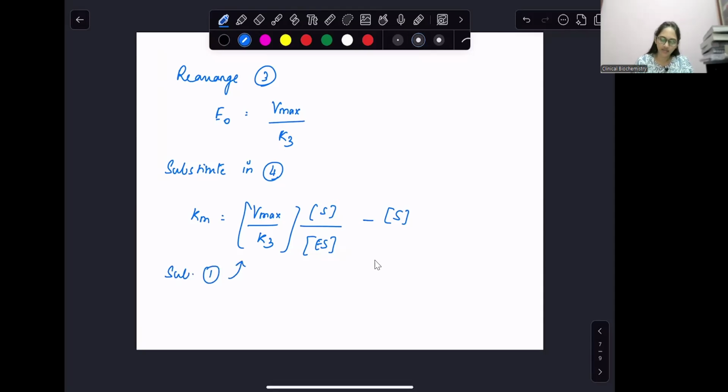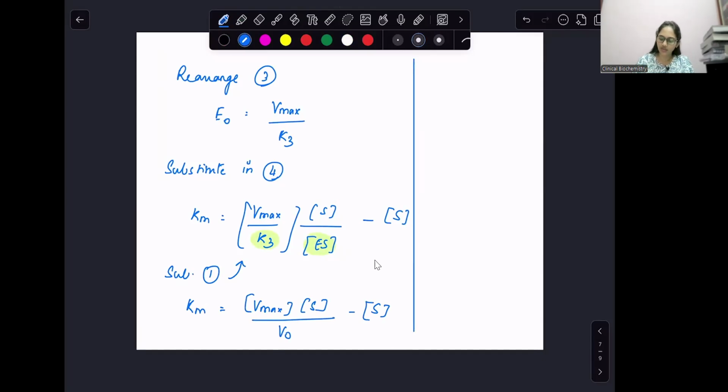So what do you get here? Km will be equal to Vmax into S divided by V0, because we know V0 is K3 into enzyme substrate complex. Clear? Minus substrate concentration. Okay, now we are going to rearrange this here and there.